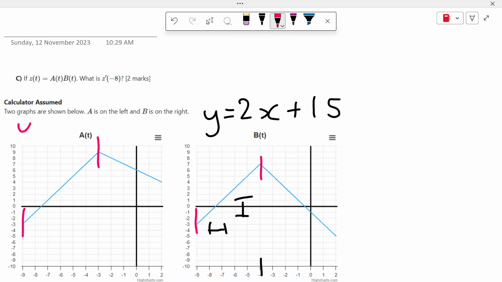And then for a, our y here is also 2. And then again, we've got to figure out something quite similar. And so this one will be plus 15. That doesn't seem right. Oh, yeah, it is.